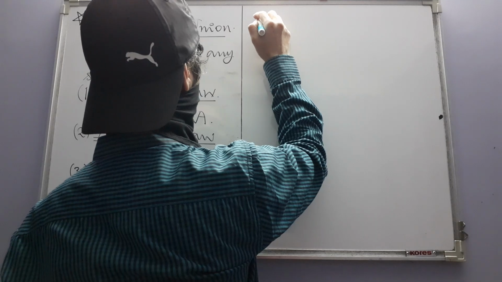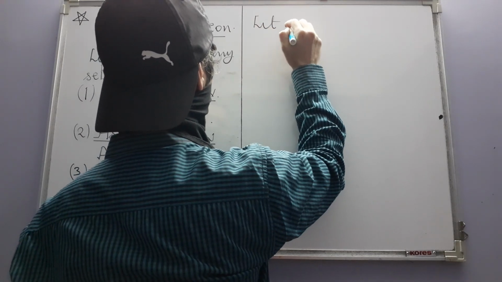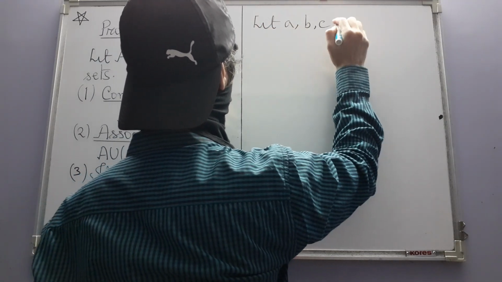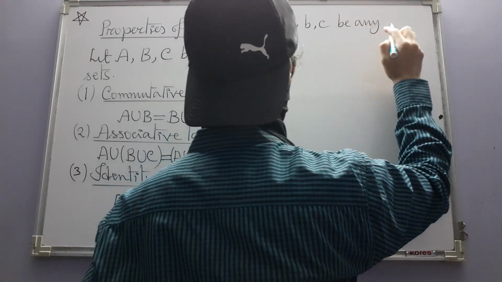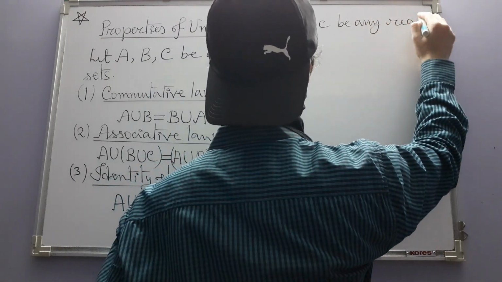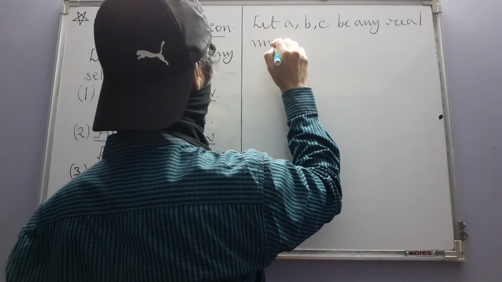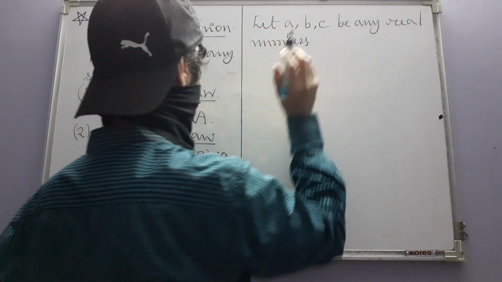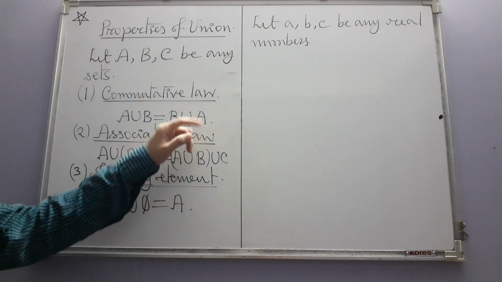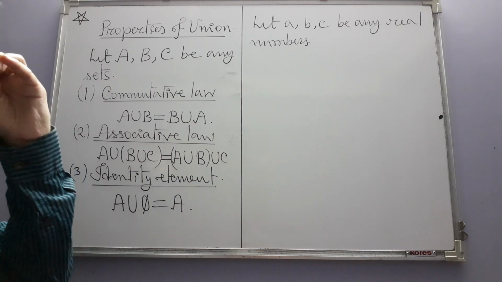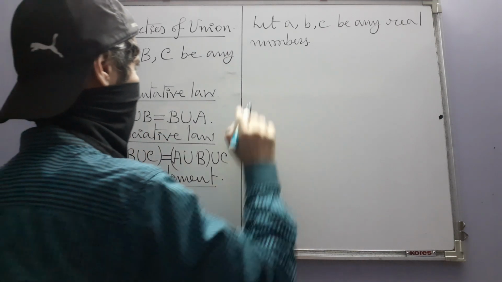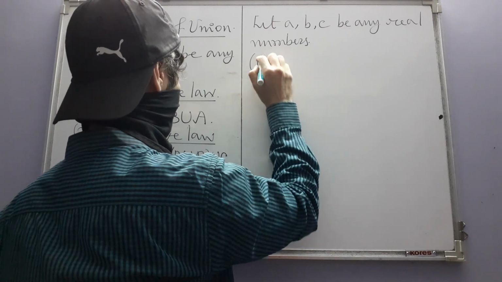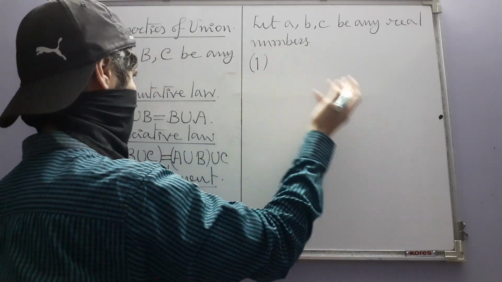However, on this side, let A, B and C be any, say, real numbers, and say, like union, on that side we consider the operation of addition of numbers. Now these are some laws with which you are already familiar.